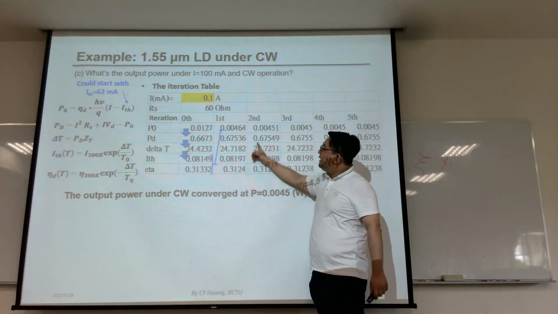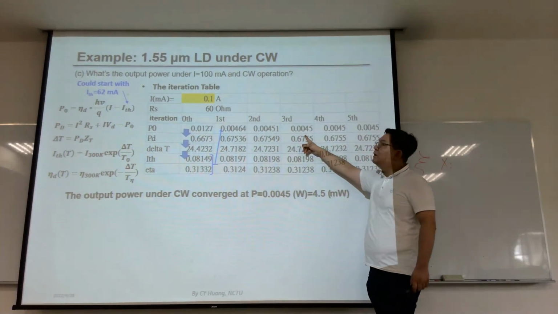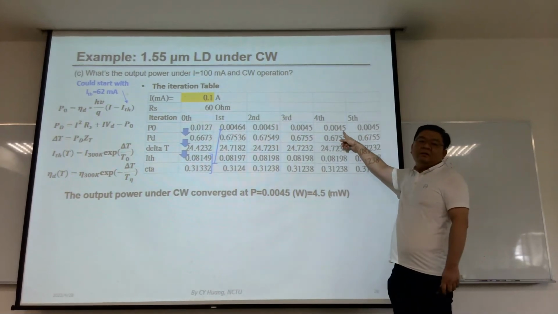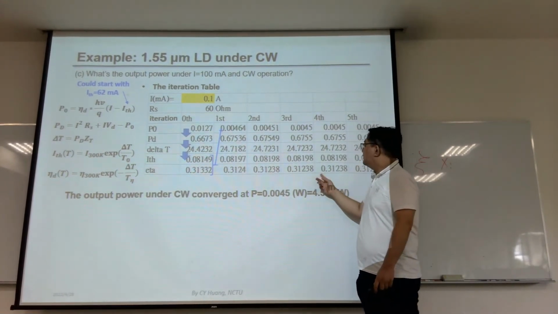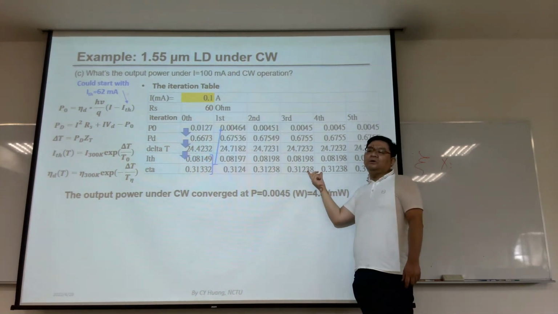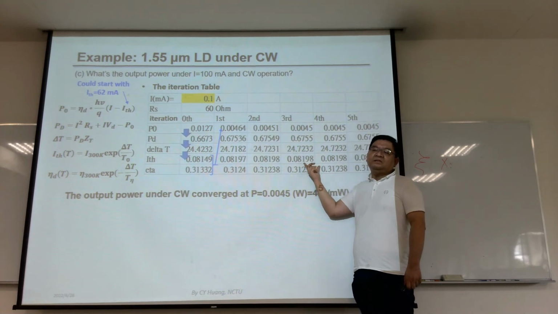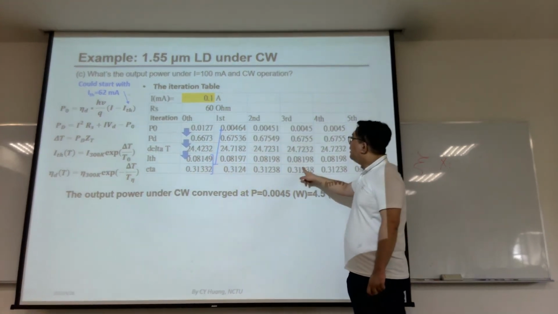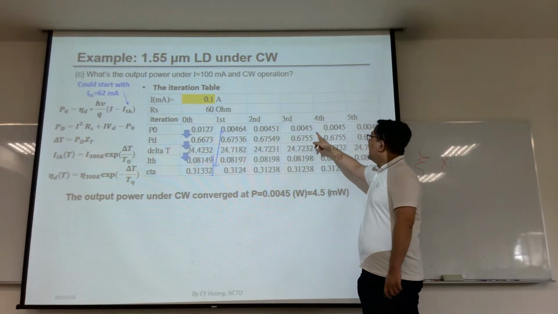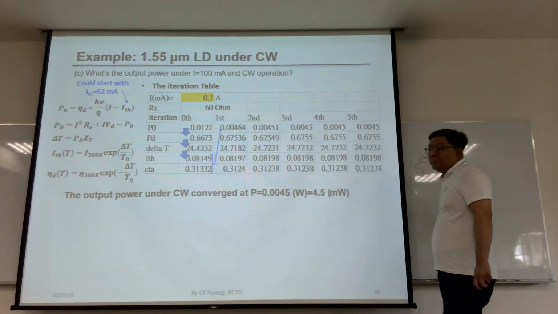You see the value after the second round, third round, fourth round, fifth round. From the third round and the fourth round, you see these two are already identical. So this value converges. So the real output power is actually around 4.5 milliwatt.